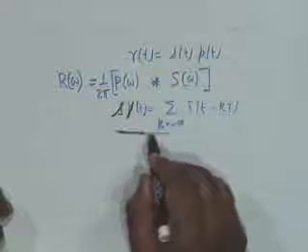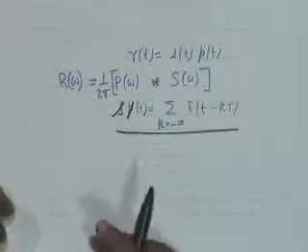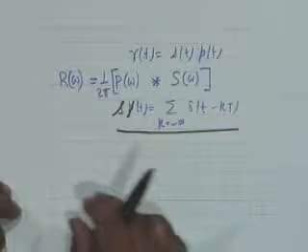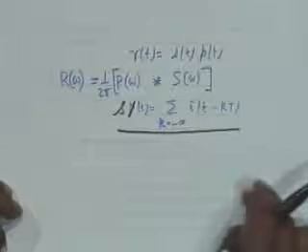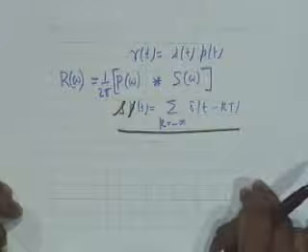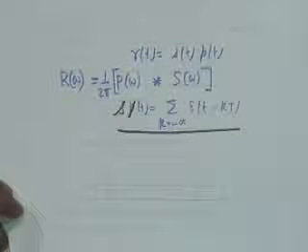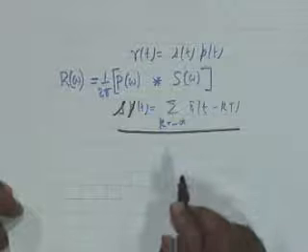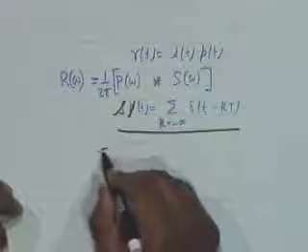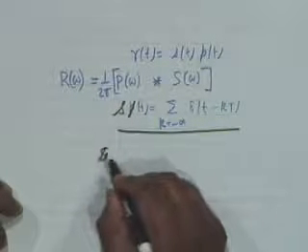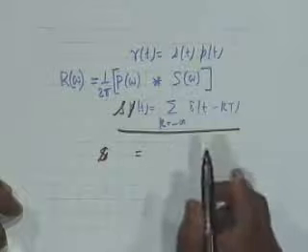Now, as you see, S of t is a periodic function. It's a regular chain of impulses at regular spacings, regular intervals of time. So, it's a periodic function, and we have already done the Fourier series for this. The Fourier series for this, well, S of t is, what are the coefficients?